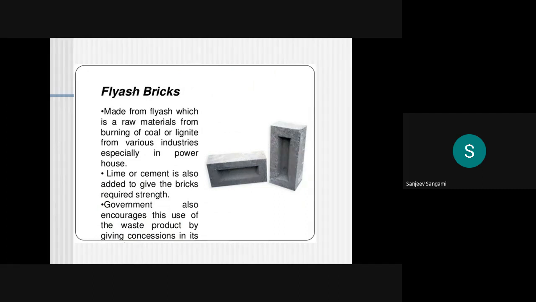Why fly ash plays an important role: the main composition is silica, 20 to 30% SiO2, so that can be replaced in cement. If you use some percentage of fly ash in cement, it is definitely going to alter the strength. Of course, for bricks that much strength is not required compared with concrete, so you can use it. There will not be any problem.